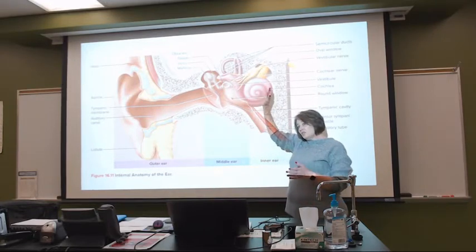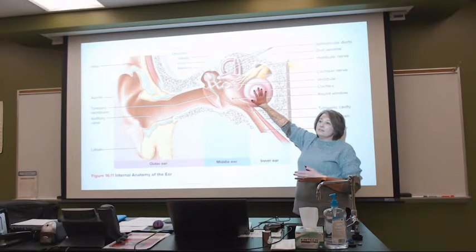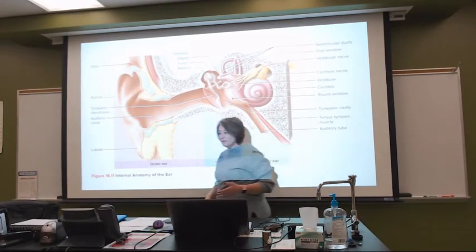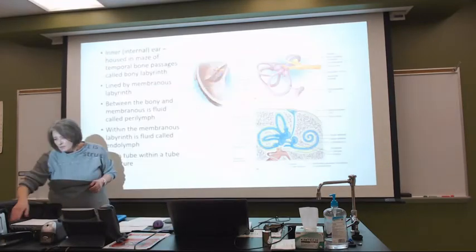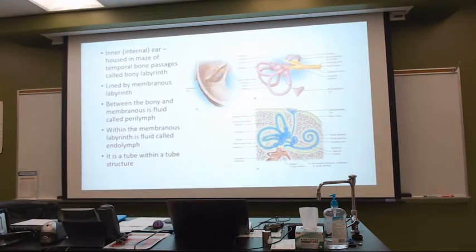And the structure that you find for these parts right here are going to be the reason that we're going to get sound and then have the ability for the equilibrium.